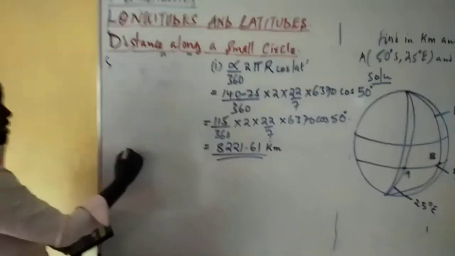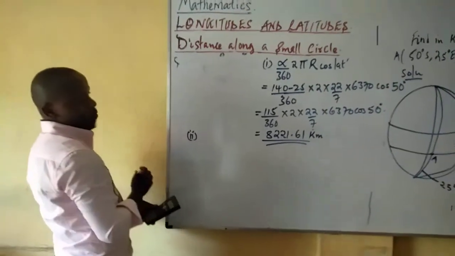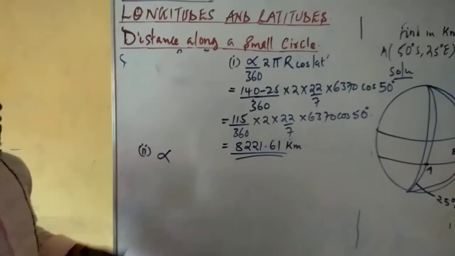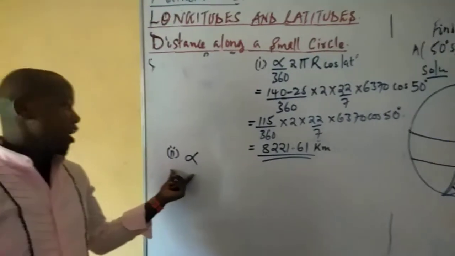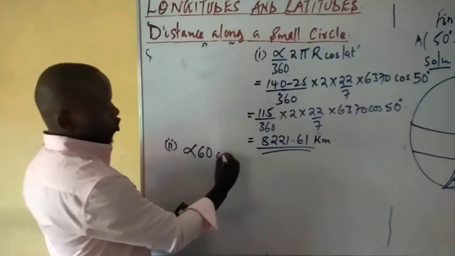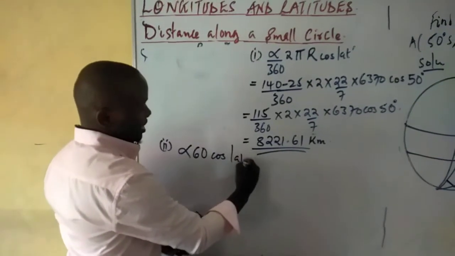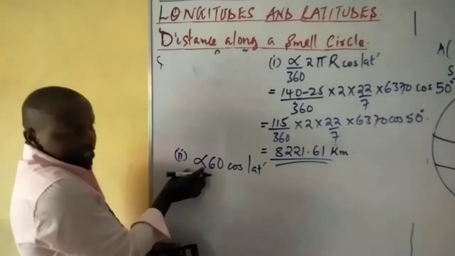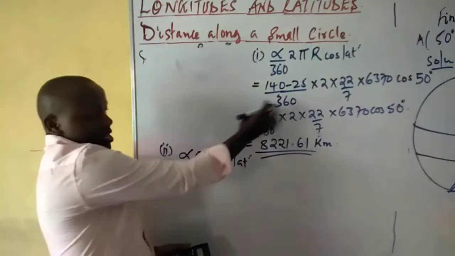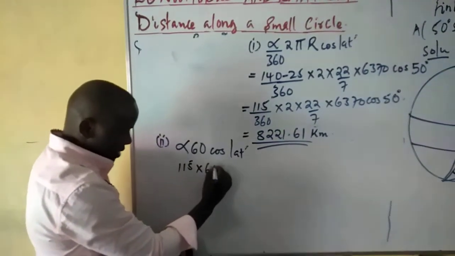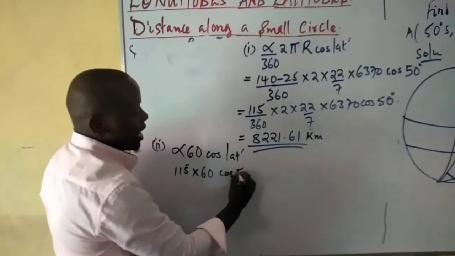In nautical miles, the distance is given by alpha, which is the difference in longitudes, times 60 cosine of the latitude. The difference in longitudes we have calculated already. It is 115 times 60 cosine of the latitude.